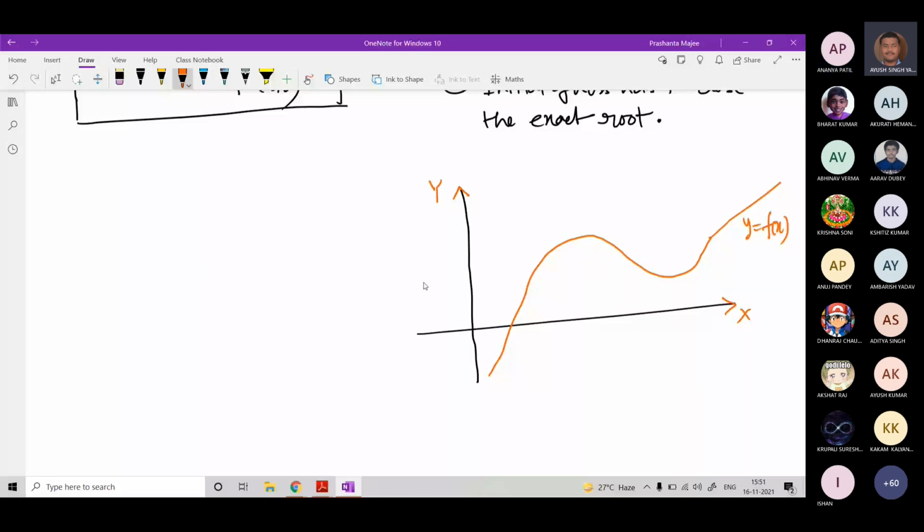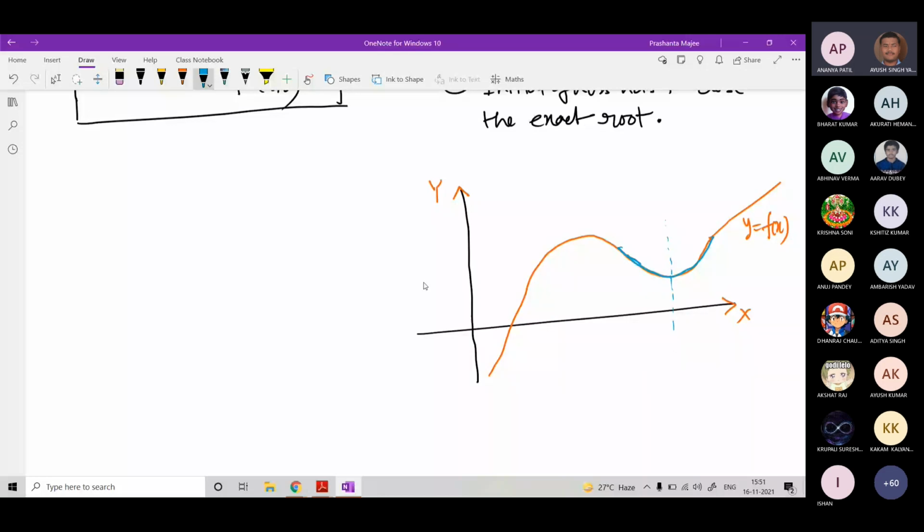And suppose this part is symmetric about this line. Only this part is symmetric about the line which I've drawn by this dotted line.